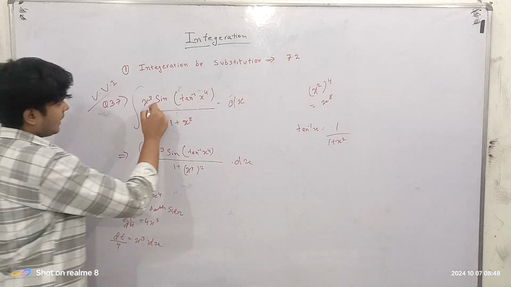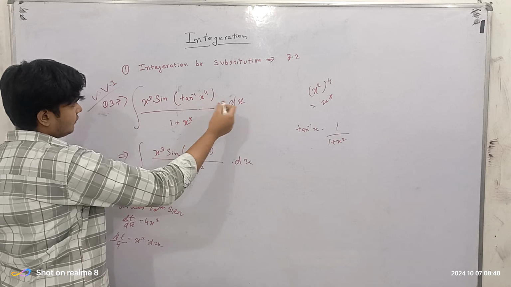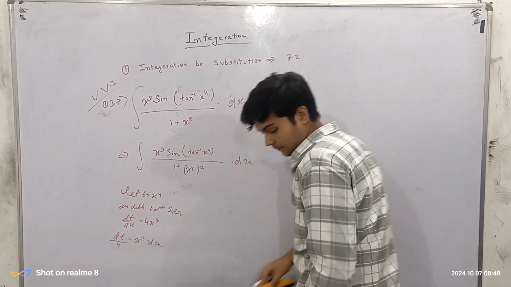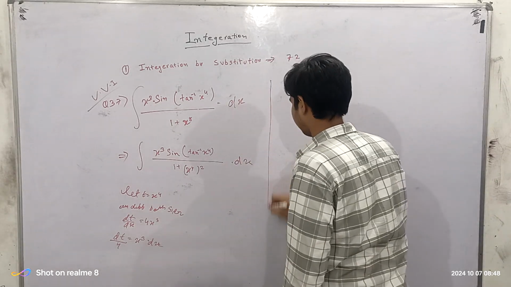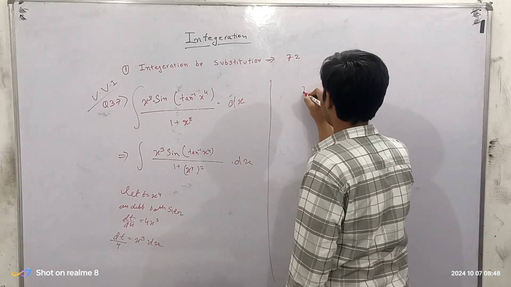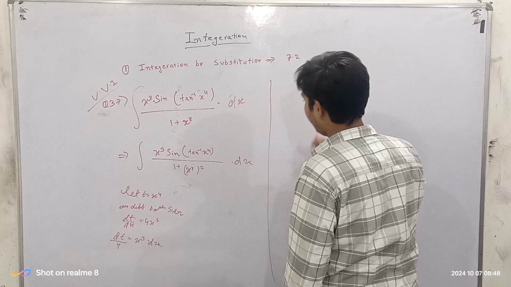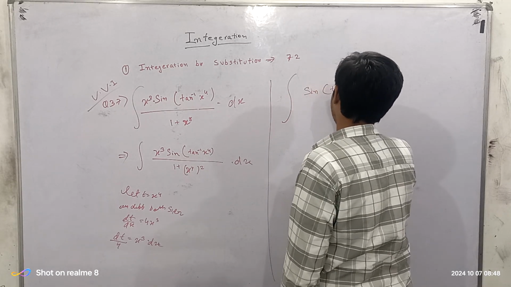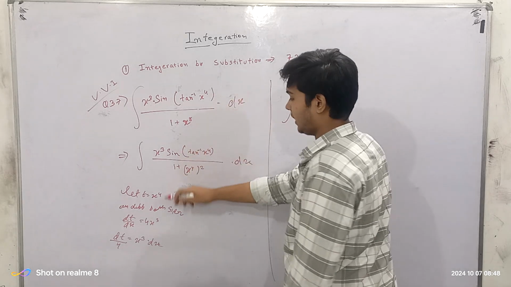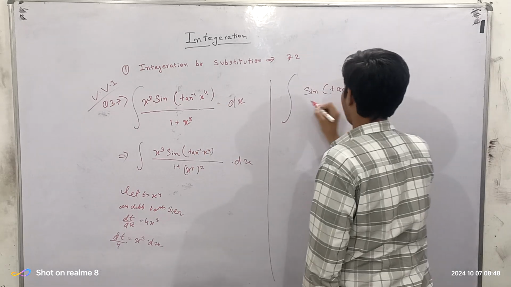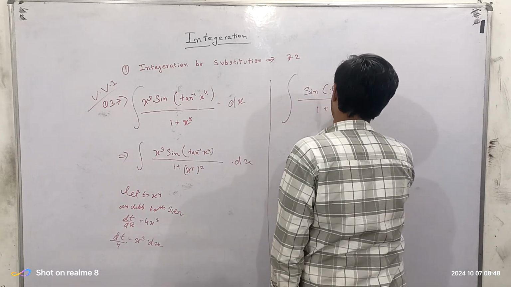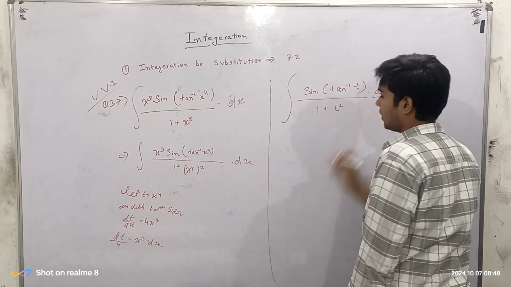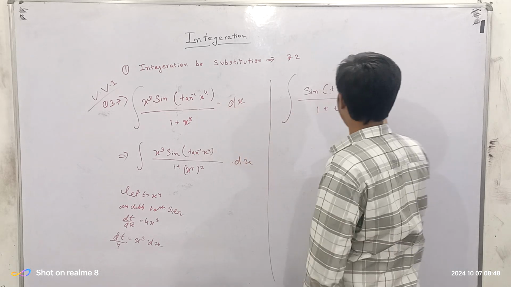X cube into dx, we have gotten dt by 4. We will write simply sin of tan inverse t, since for x to the power 4 we have taken t, by 1 plus t square into dt by 4, as x cube into dx will be dt by 4.